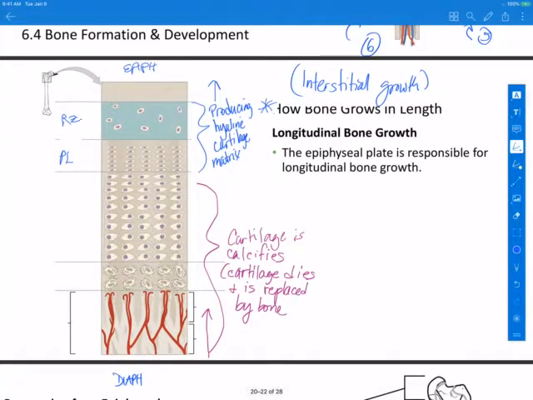So basically what's happening here is that these different lines are showing growth plate zones. I told you this was the reserve zone, this is the proliferative zone, this is the hypertrophic zone, where hypertrophy means to get bigger.